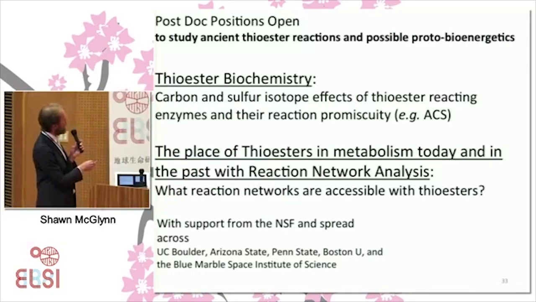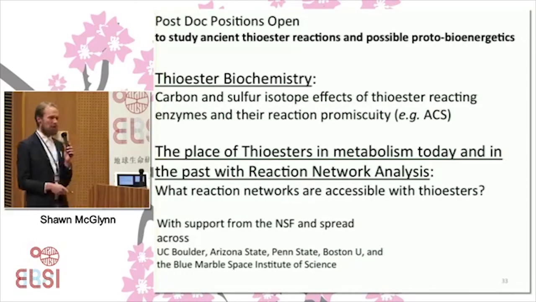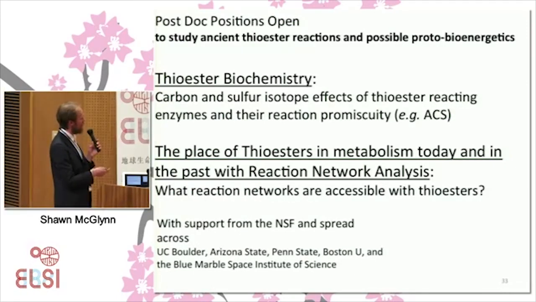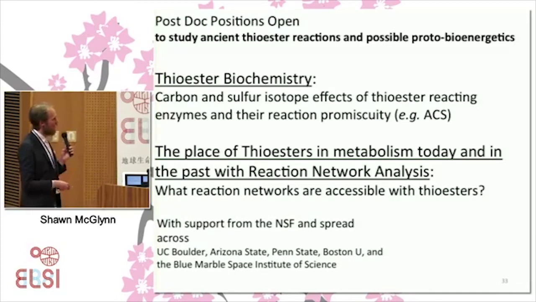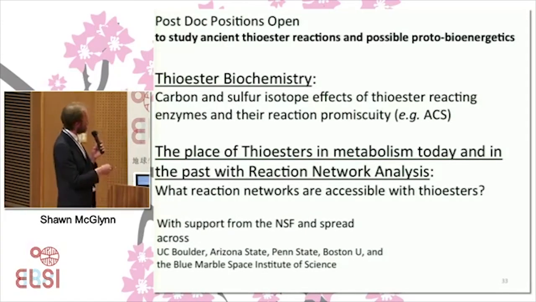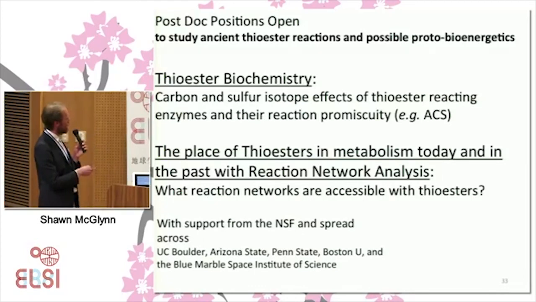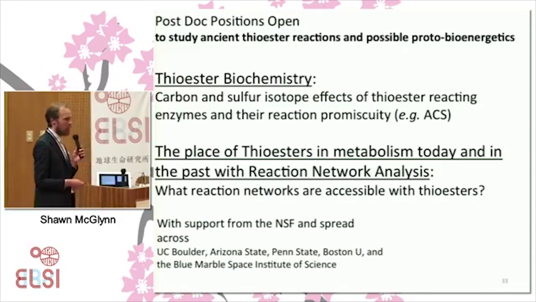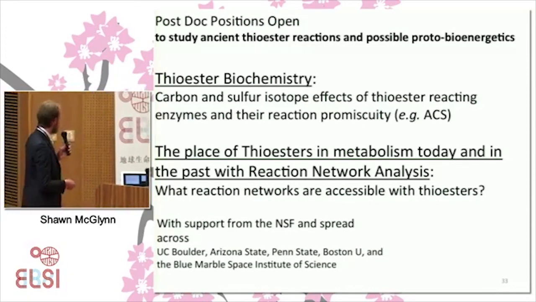But we're also interested in making carbon and sulfur isotope measurements of these enzymes and trying to find out, in a similar vein as what I presented here today, how these isotope values may change through time or not. And we're also interested in trying to constrain how much thioester metabolism might be possible in a metabolic network today or in the past.